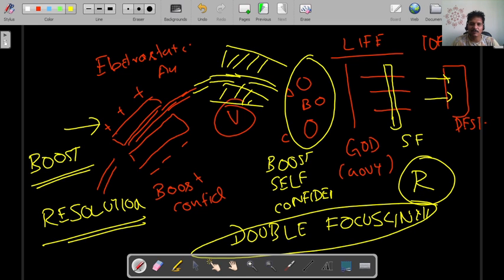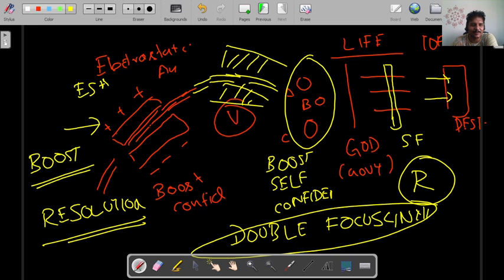Why are we using double focusing? To increase the resolution, that is, the number of ions that are reaching the detector. To increase it, you initially give a boost using an electrostatic analyzer, and then you allow it to flow through the magnetic sector. Thereby more ions will reach the detector.